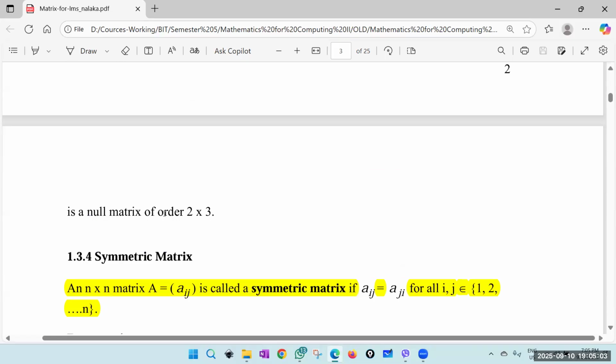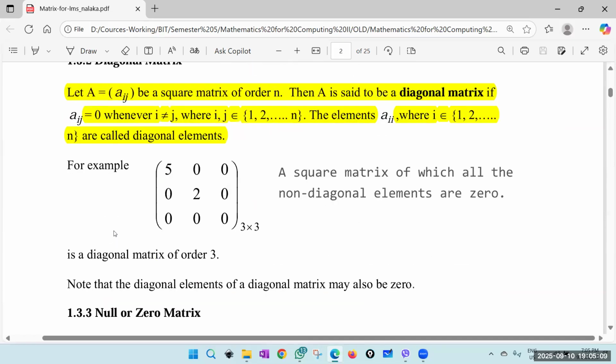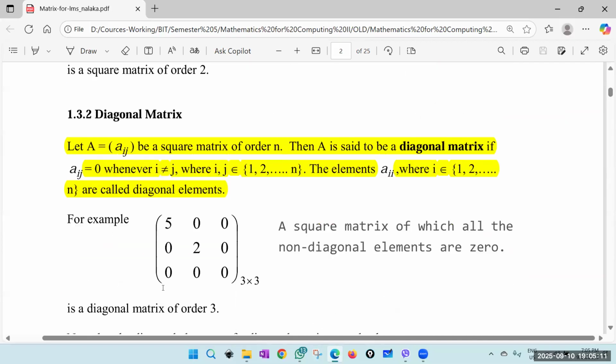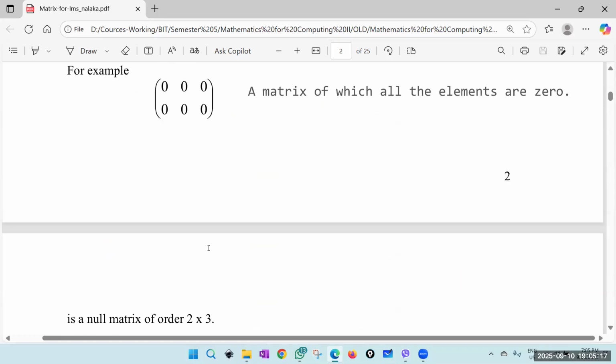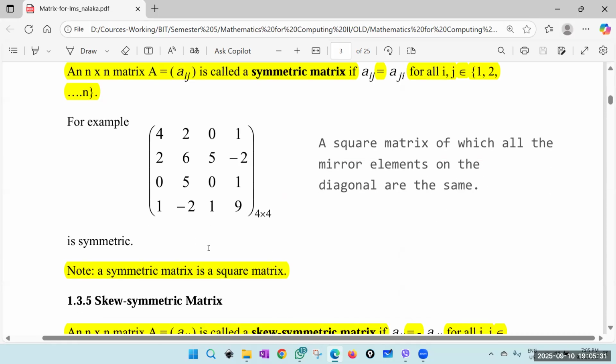Some of these are not necessarily square matrices. For example, a null matrix can be any matrix, whereas a diagonal matrix must first be a square matrix and then all the non-diagonal elements must be zero.